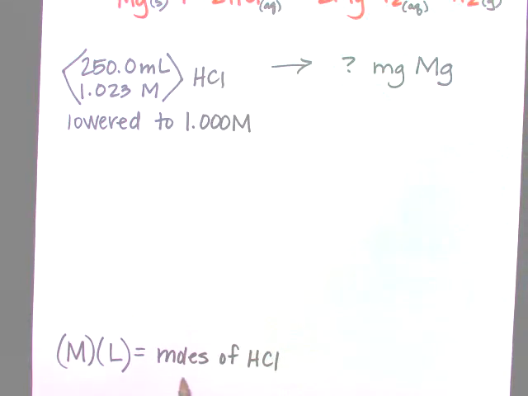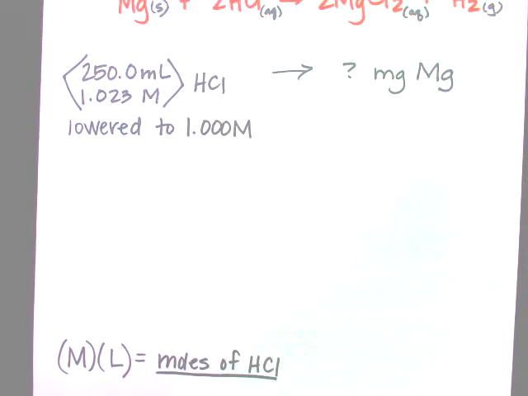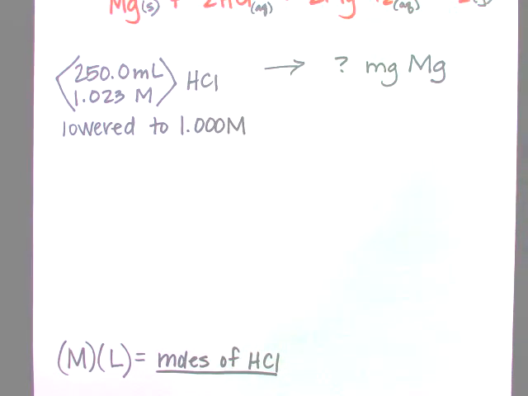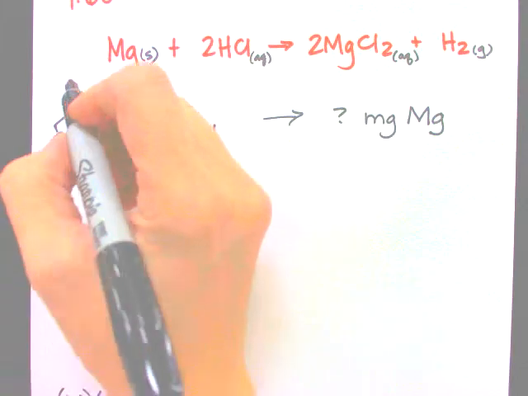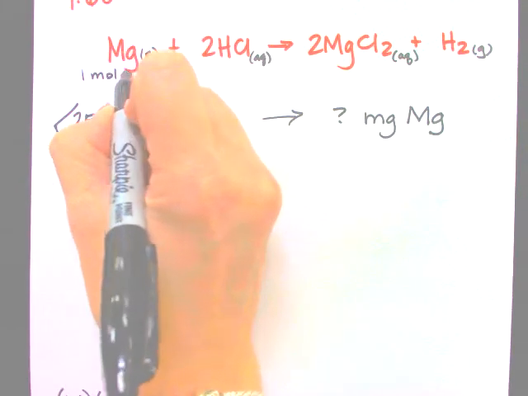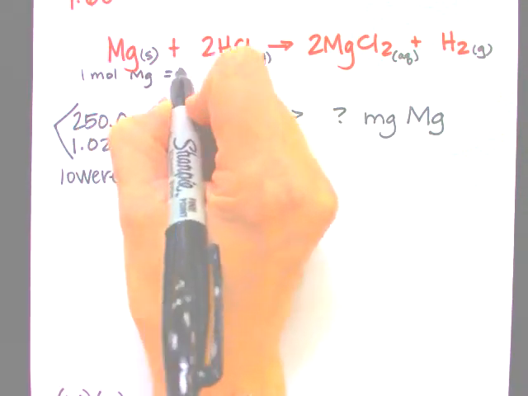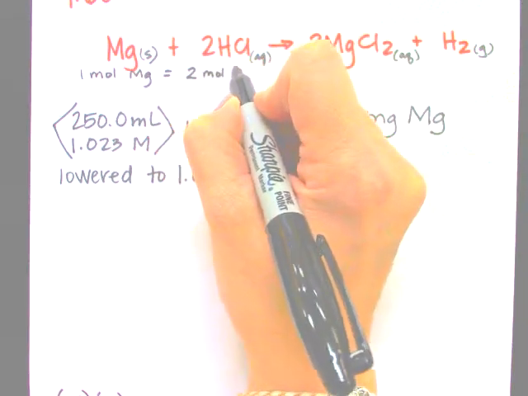And again, why do we want to know moles? We want to know moles of HCl because in a stoichiometry type calculation, that's the most convenient unit to use, because up here we know that for every 1 mole of magnesium, it will react with 2 moles of HCl.